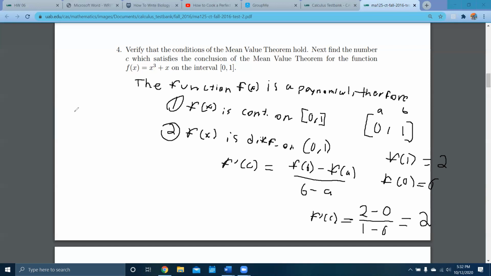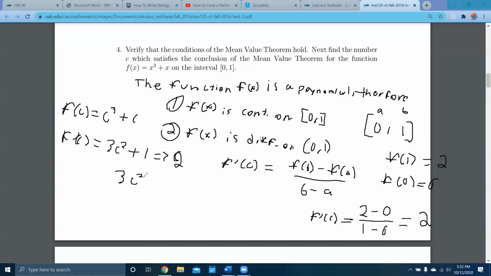So now we actually have to find the formula for c. So f of c is equal to c cubed plus c. So now we got to find f prime of c, which is just going to be 3c squared plus 1. And now we set that equal to 2.